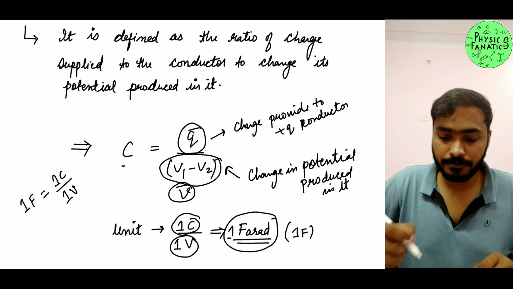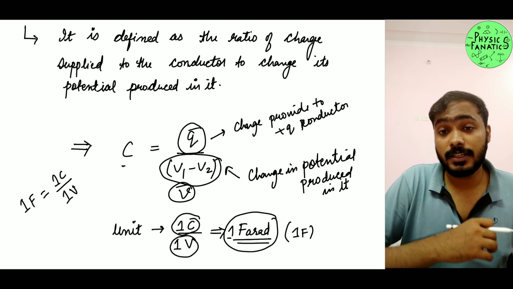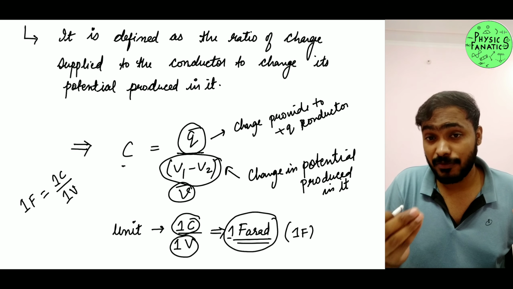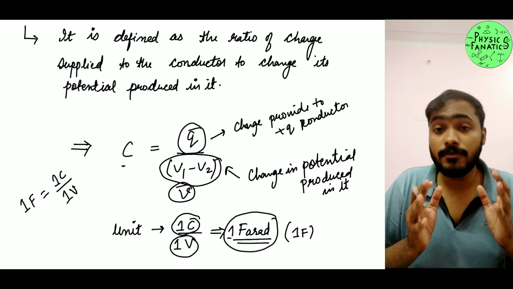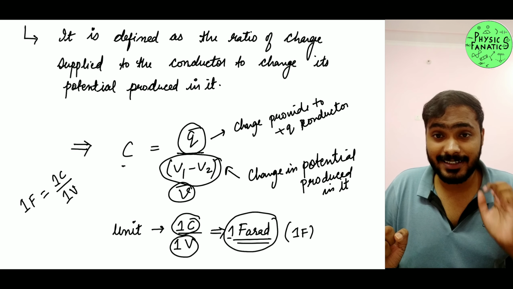That means you have a capacitor, and you are giving that capacitor 1 coulomb charge, and because of that 1 coulomb charge, only 1 volt potential has increased. I hope you guys can understand that.